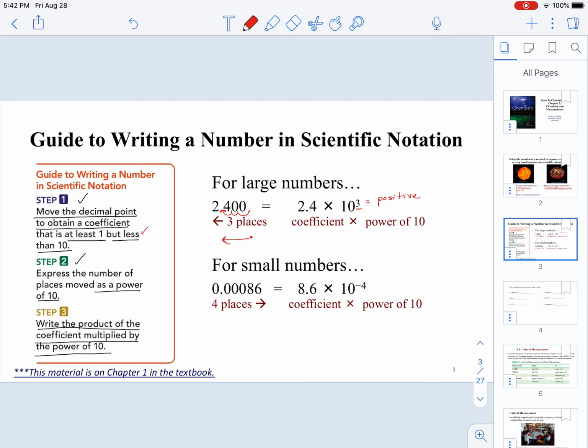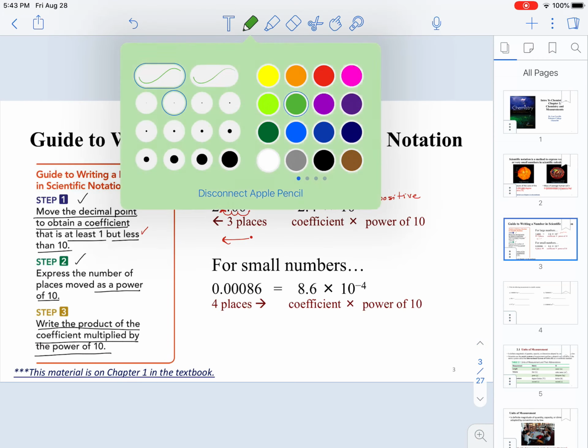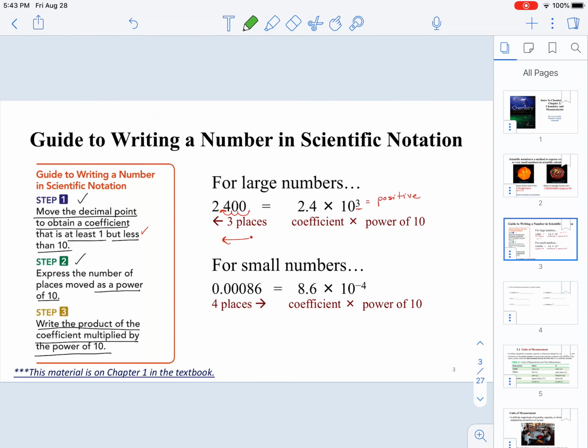What about if we have a small number? As you can see in the bottom, we have a small number. As I explained previously, this is going to be a number in which we have a written decimal place, and after the decimal place we have zeros, and then after that we have digits that are not zero. So an example of a small number is going to be 0.00086. So what do we do when we have a number like that? Well, we are going to again move that decimal place.